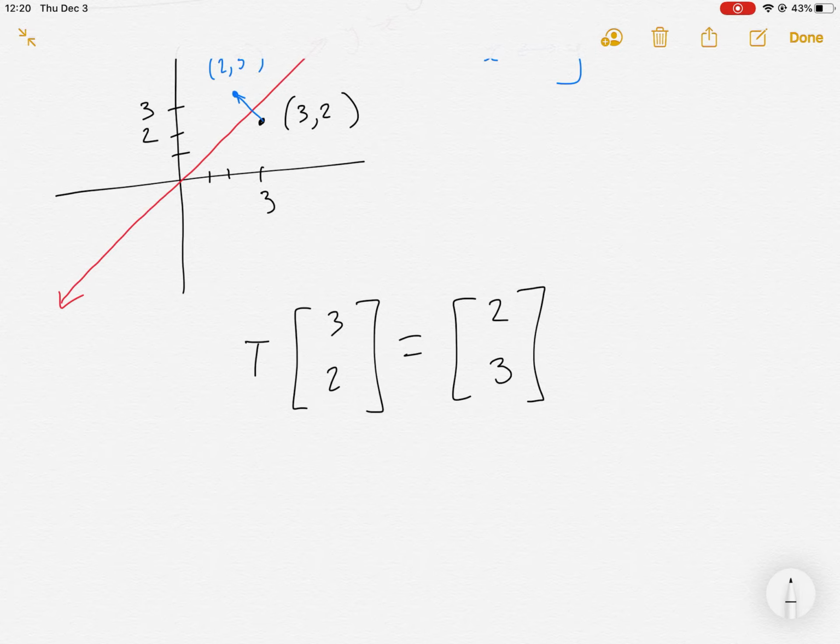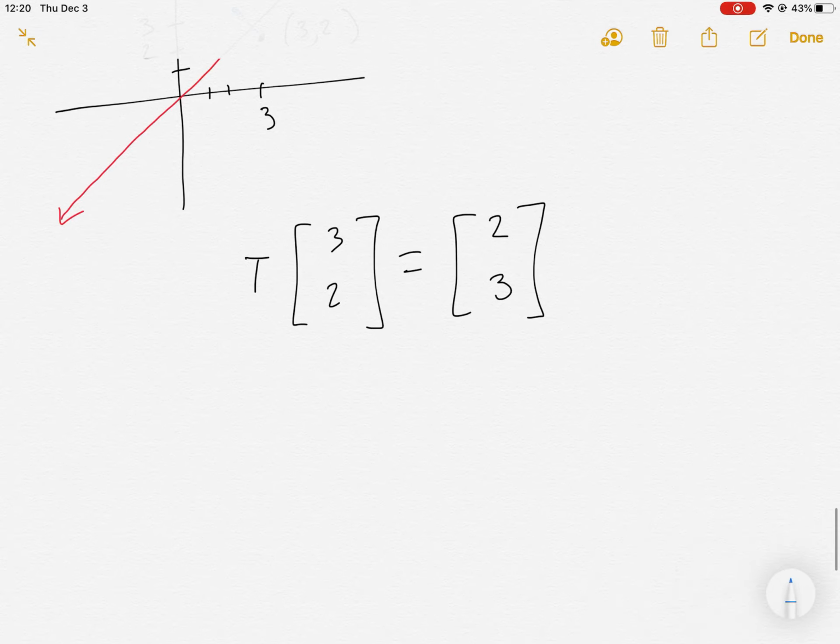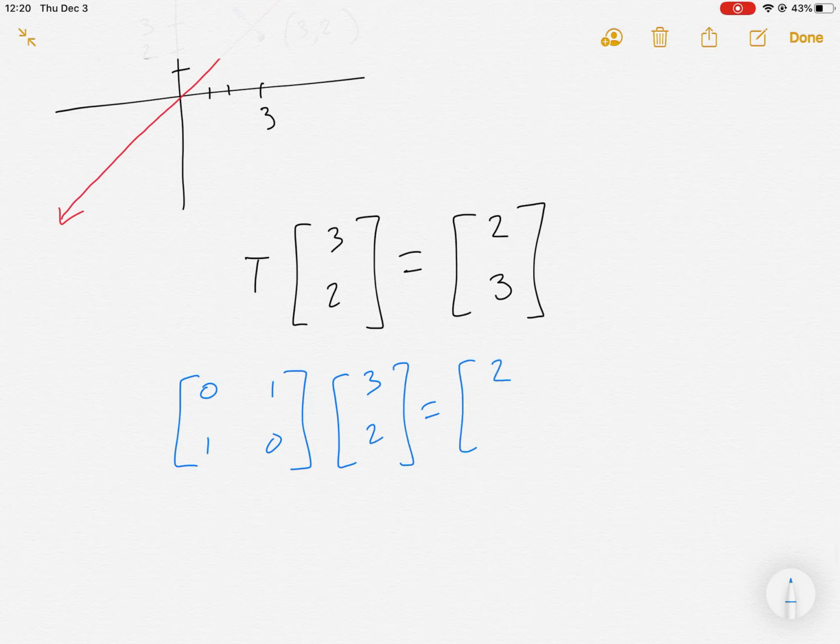And in order to do this, what we're going to do is actually multiply the transformation matrix 0, 1, 1, 0. And you'll notice when you do this, you'll end up with 2, 3.